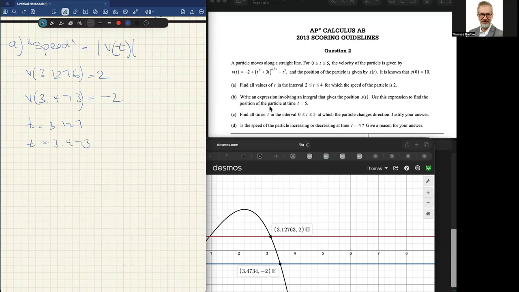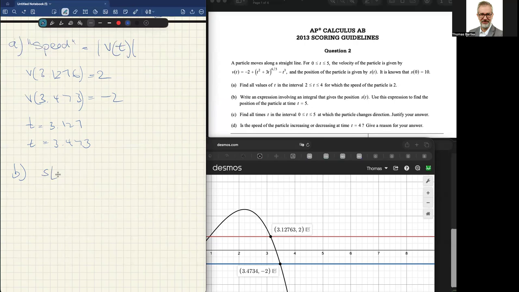Now, for B, write an expression involving an integral that gives the position s of t. Use this expression to find the position of the particle at time t equals 5. All right, so we have to put together the position function. What do they want here?